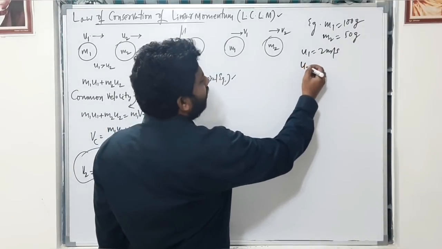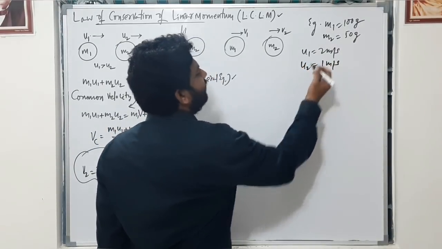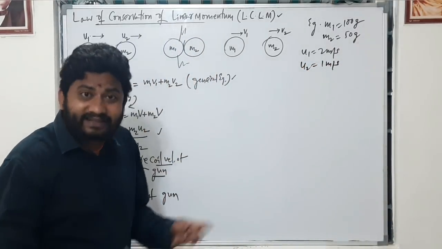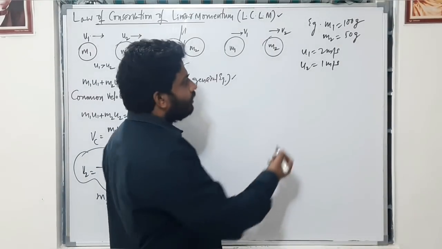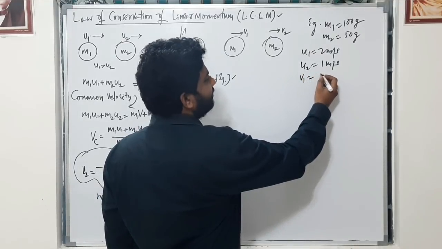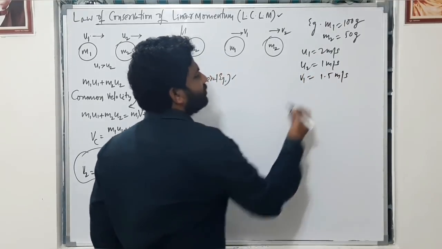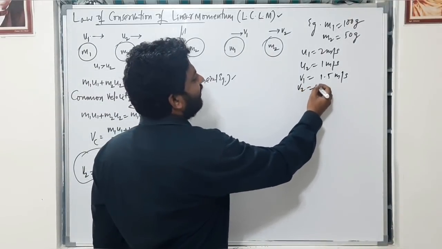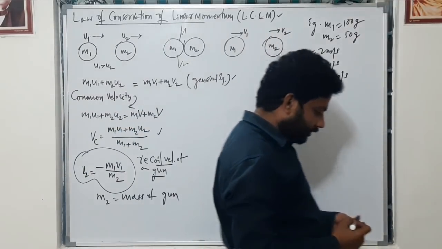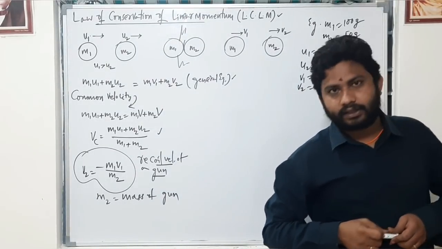Imagine the second body is moving with a velocity of 1 meter per second. I am giving some random values, let's check. And after the collision, the first body is moving with a velocity of 1.5 meters per second. After the collision, what is the velocity of the second body? That's the question asked. Are you ready to solve it?